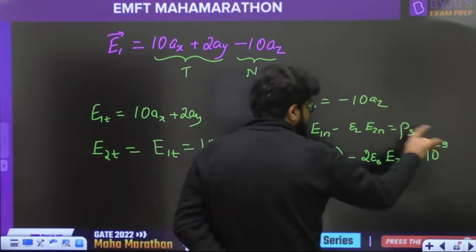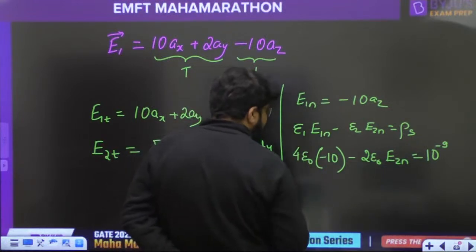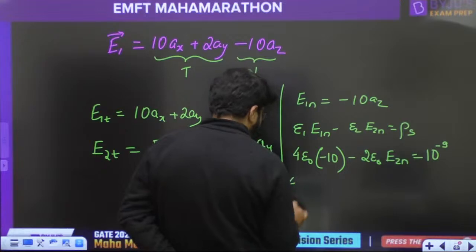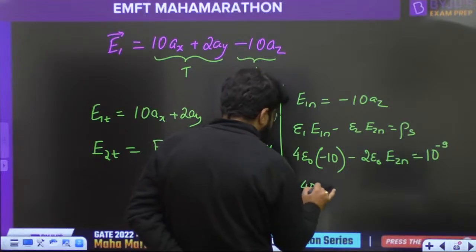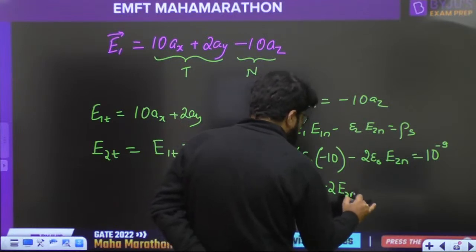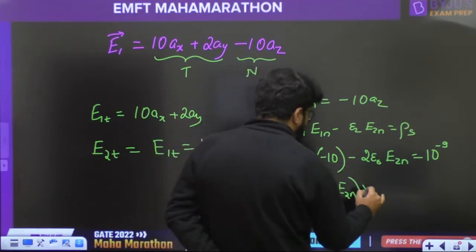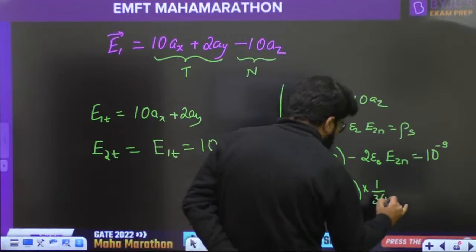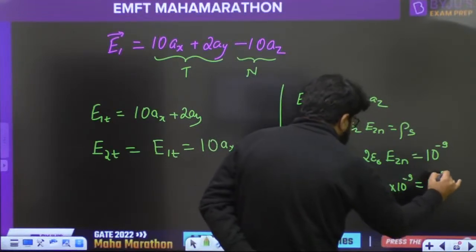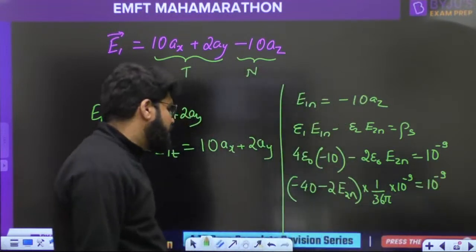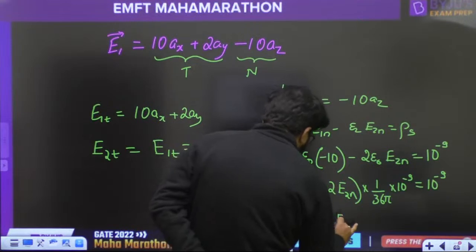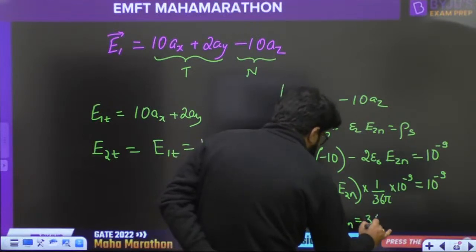Because rho s is in 10 power minus 9, we put the value of epsilon naught, 1 upon 36 pi into 10 power minus 9. So 10 power minus 9 gets cancelled: minus 40 minus 2E2N is equal to 36 pi.